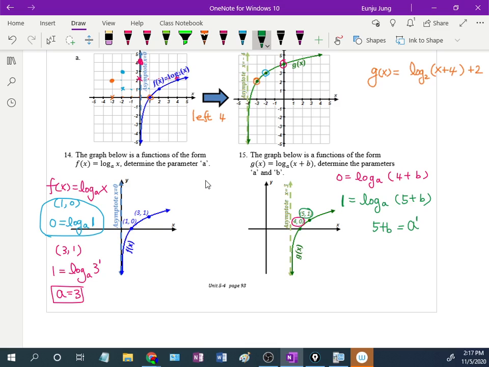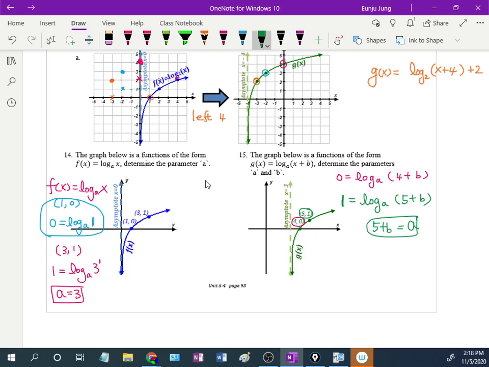So that's the same thing. So 5 plus b must be the same as a. So 5 plus b must be the same as a to get 1, right? That is one equation we need.